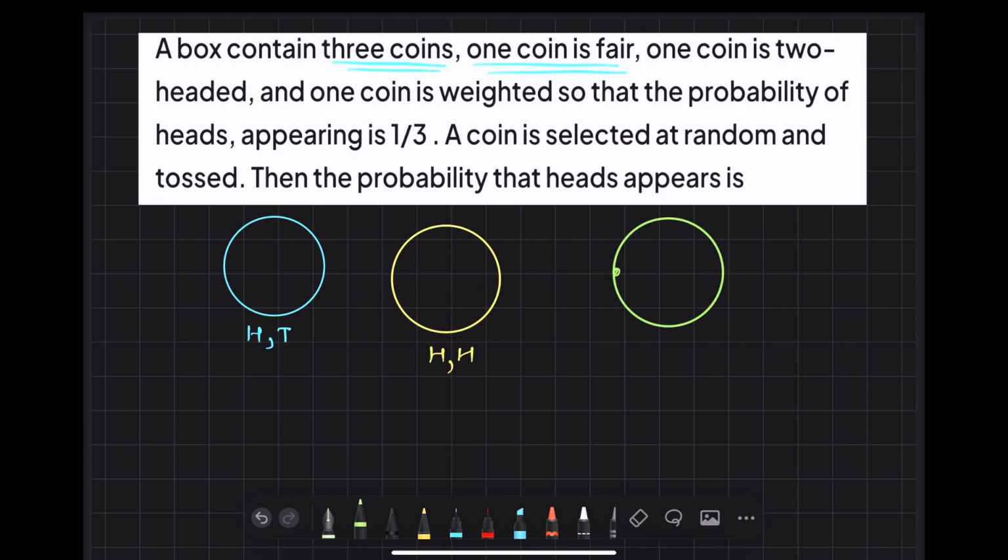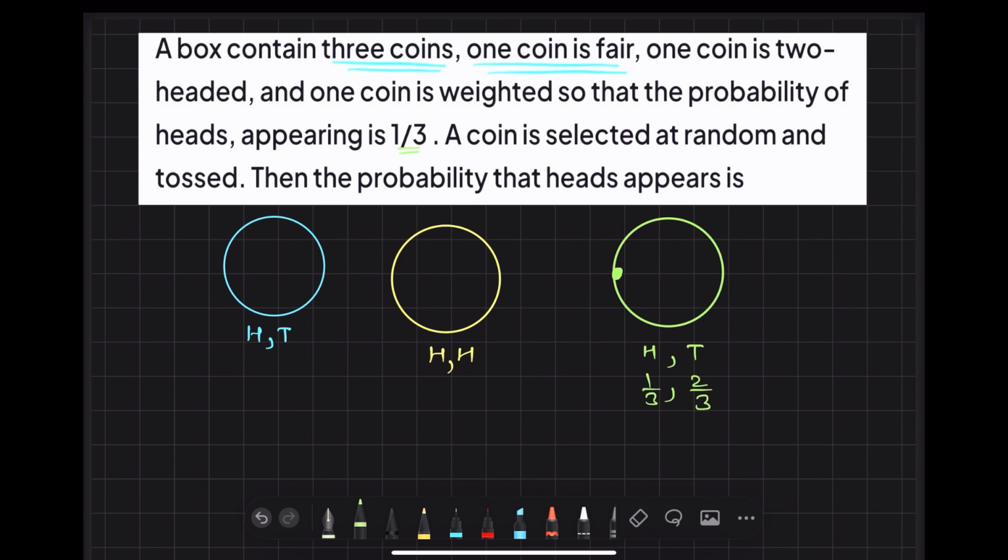Suppose these are weights, we have some weight over here, so it will have an inclination towards something. Right now it has head, it has tail. So the probability of getting head is 1 by 3, means the probability of getting tail would be 2 by 3, means this coin will give more tails as compared to heads.